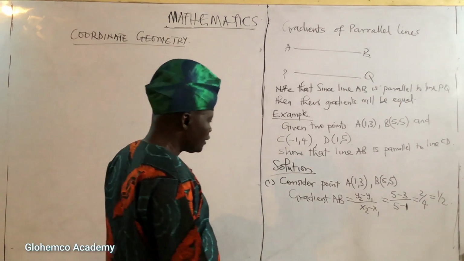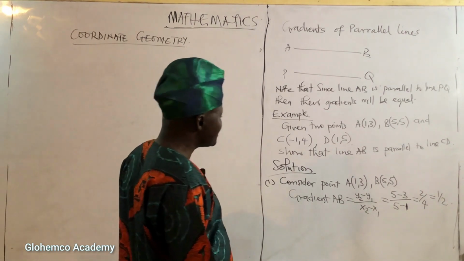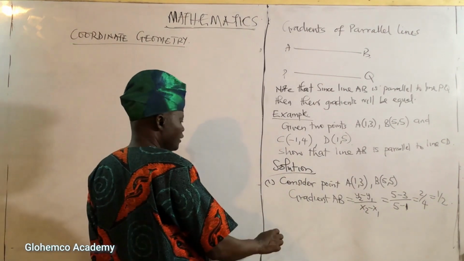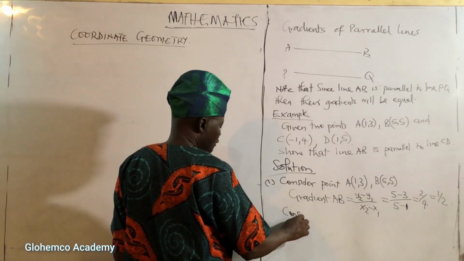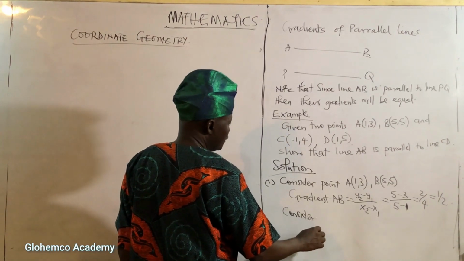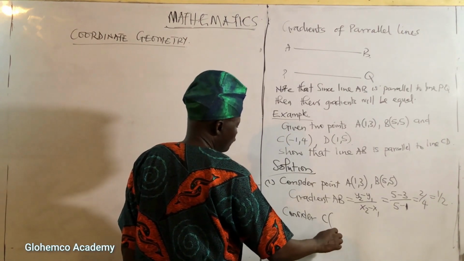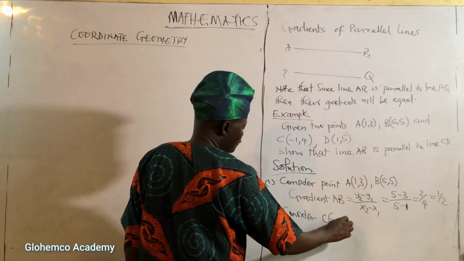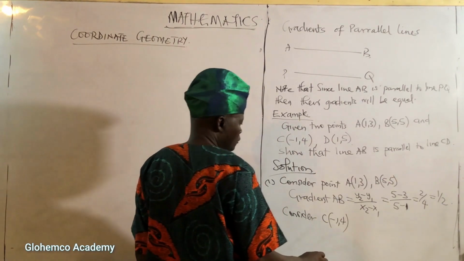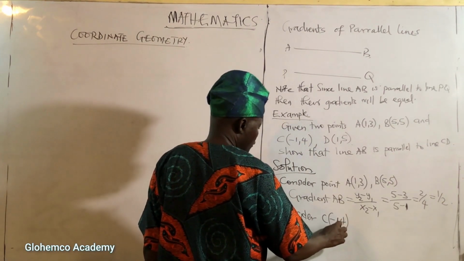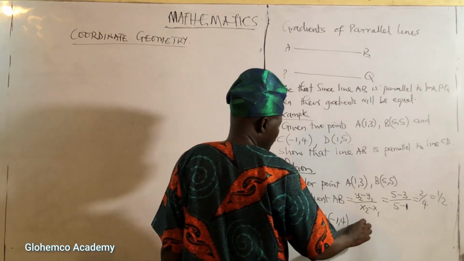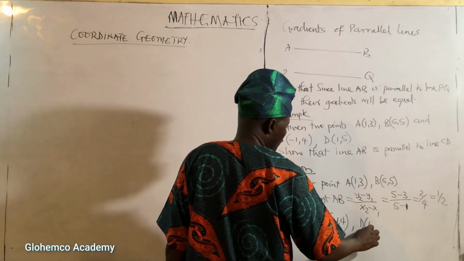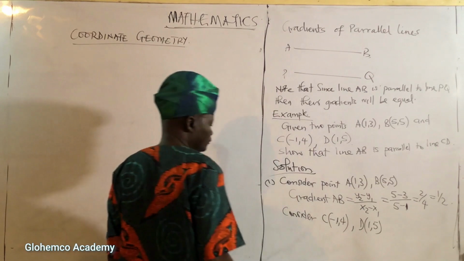That is one line. We need to consider the second line, which is point C of minus 1 and 4, and point D of 1 and 5.